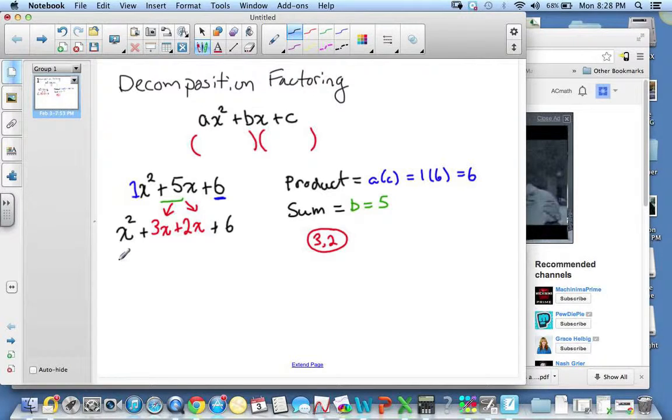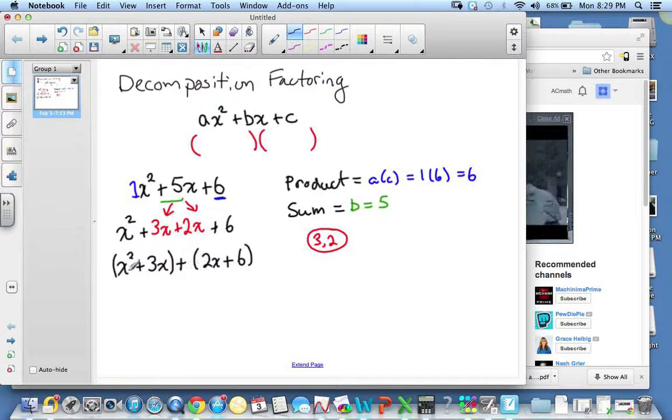Now, why does this matter? Why is this helpful? Well, we did learn about grouping. So I'm going to take the first two terms and group them in their own separate bracket, and I'm going to group the second two terms into their own separate bracket. Now, notice how I have to have this plus sign still in the middle here.